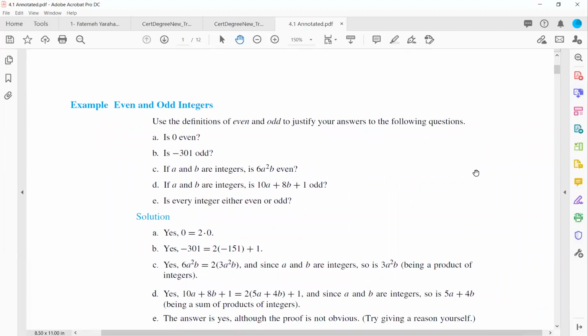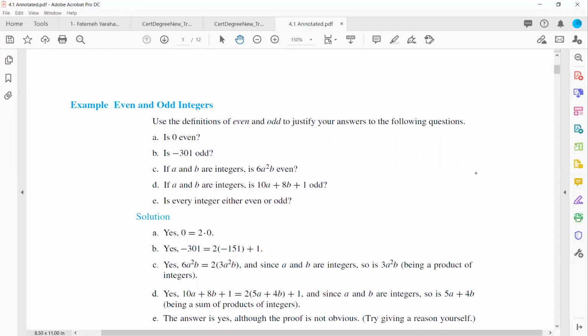The answer to part A is yes. So 0 is considered as an even integer. Why is that? Because there is an integer like 2, that 0 is the outcome of 2 times 0. Minus 301 is odd. Why is that?